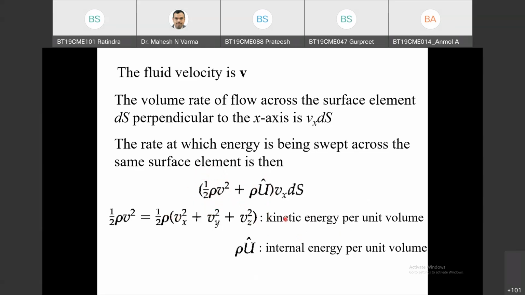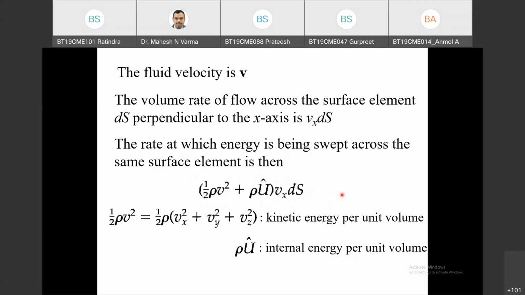Half rho into V squared is the kinetic energy per unit volume, and this is the internal energy per unit volume. These two together are the total energy per unit volume, multiplied by the volumetric flow rate. It will give me the rate of energy flowing in the x direction.